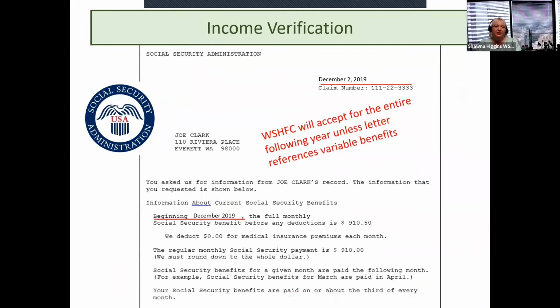So here's a copy of the letter. We will accept this letter for the full year of 2020. It doesn't have to be within that 120 days because Social Security is the only reason we ever waive that. So as you can see, it tells you how much they're going to be making each month. So $910.50.